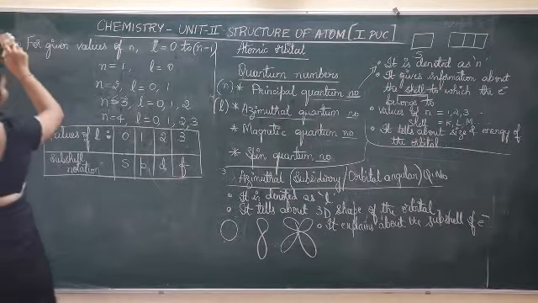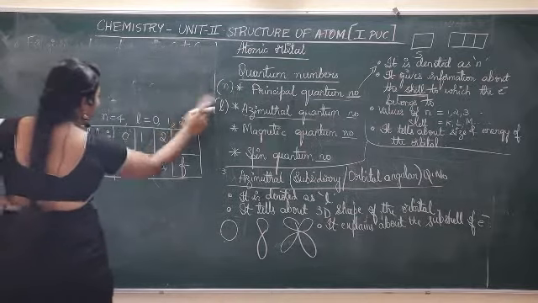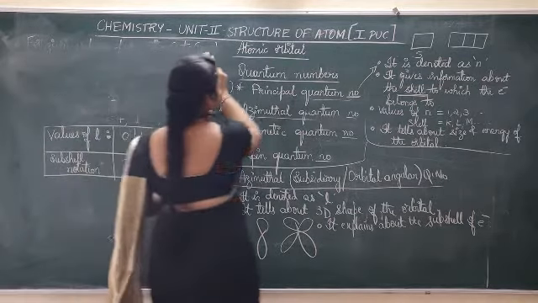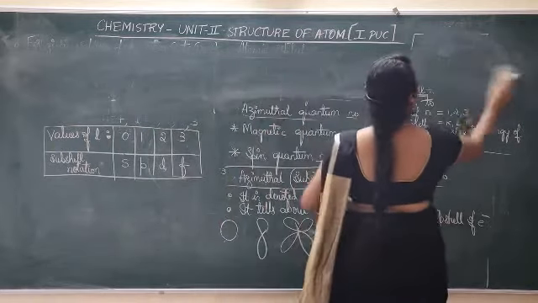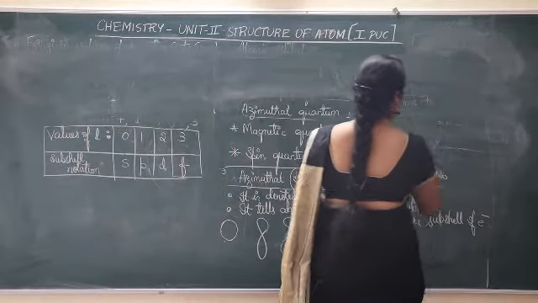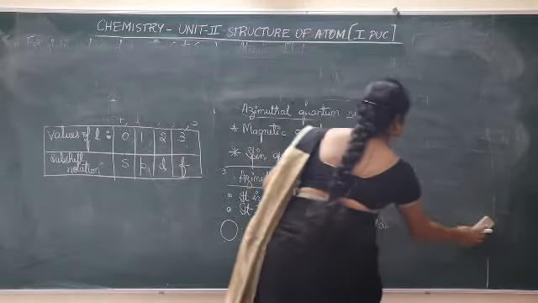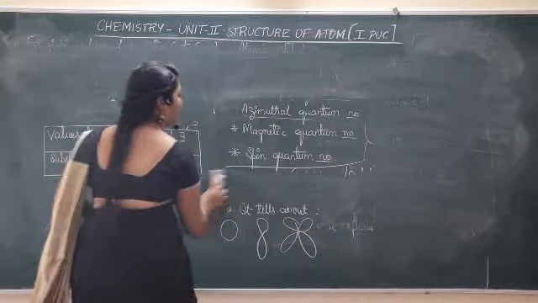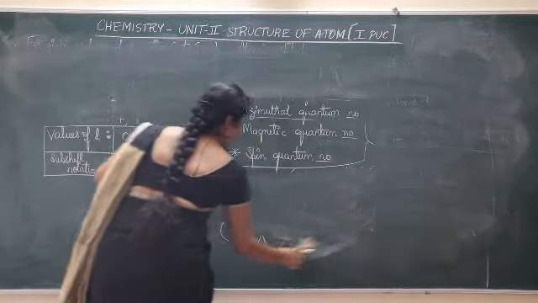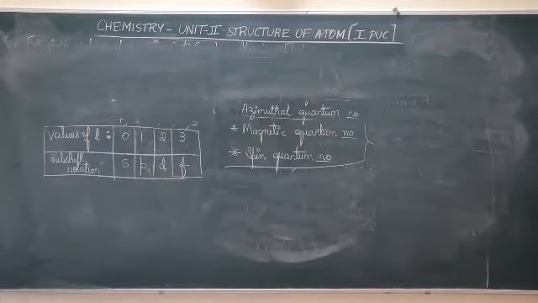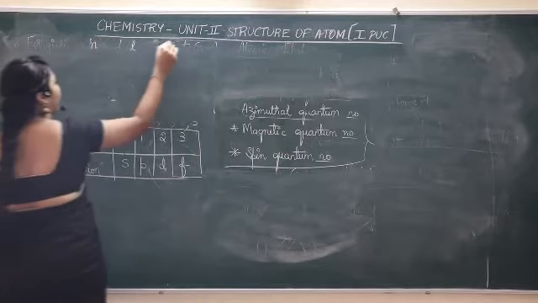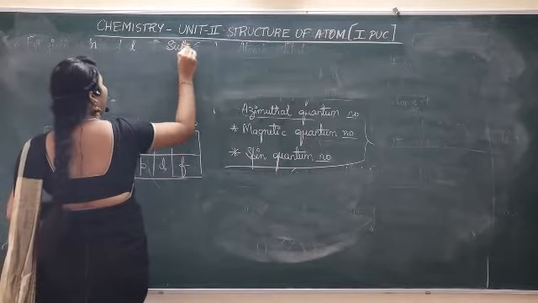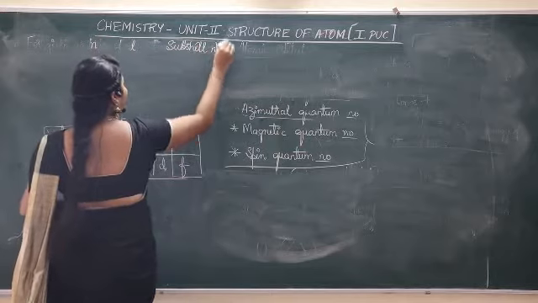I'll tell you the subshell notations, you will have to write it, okay? Write the subshell notation for the n value and L value I give. Along with me, try writing.